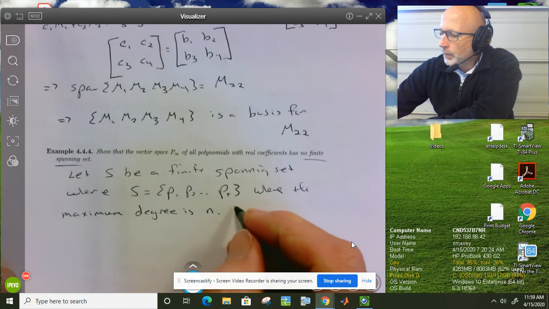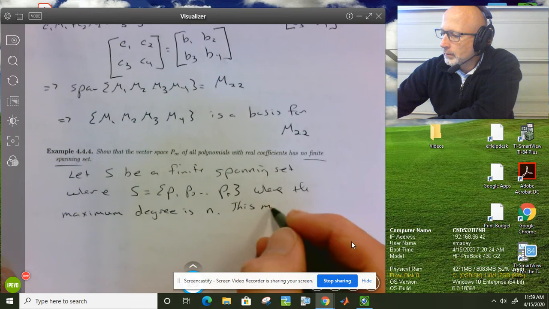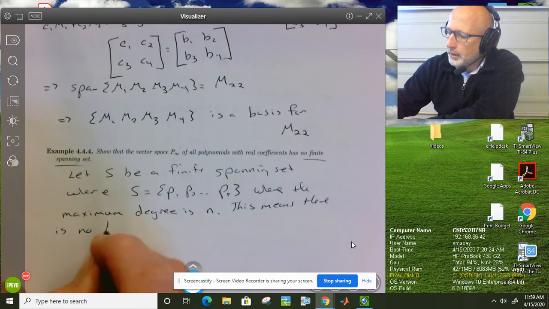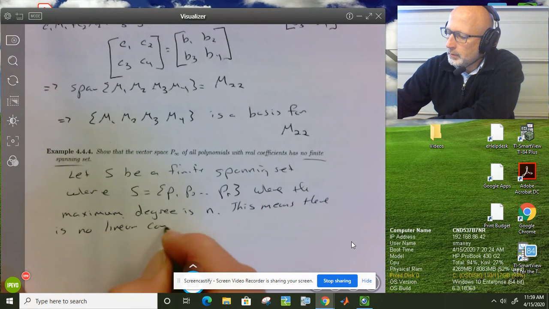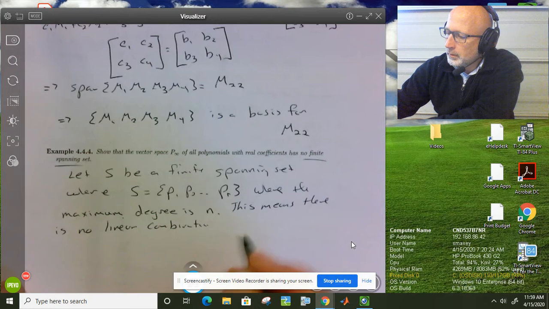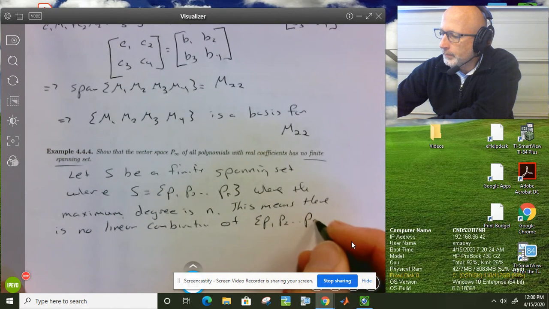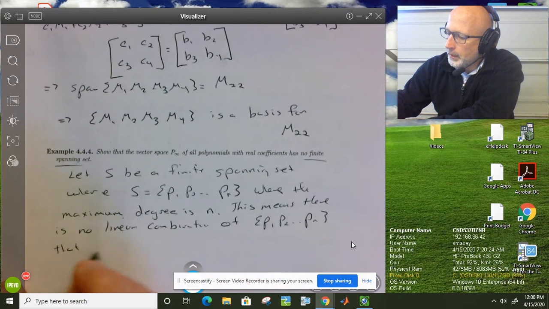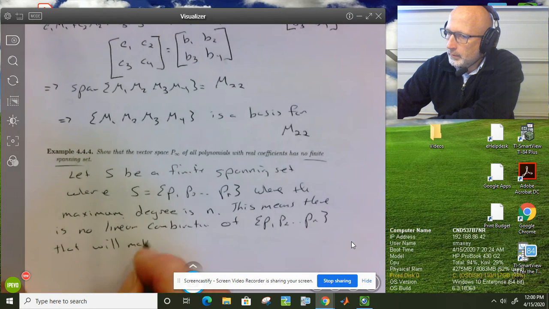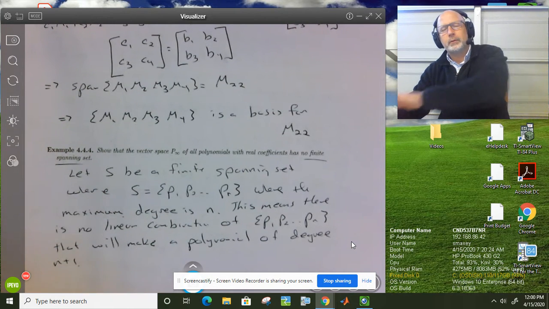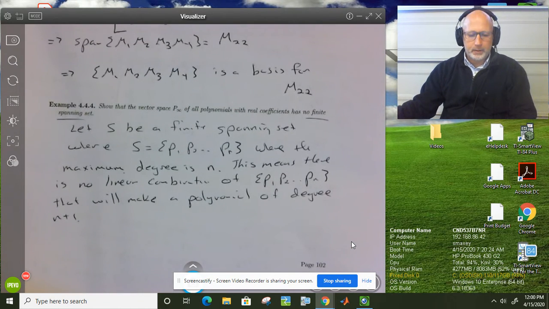Well, this means there is no linear combination of P1, P2, all the way to Pn that will make a polynomial of degree n plus 1. So it kind of cannot span that.